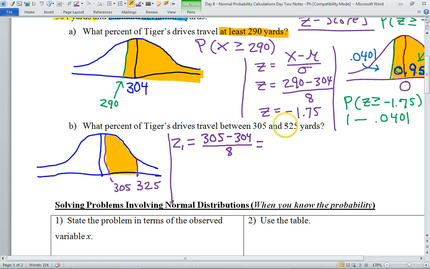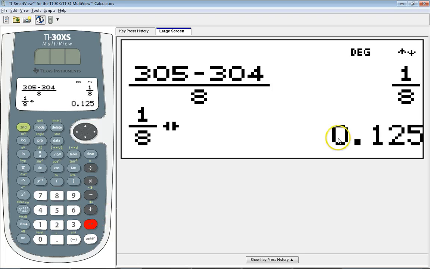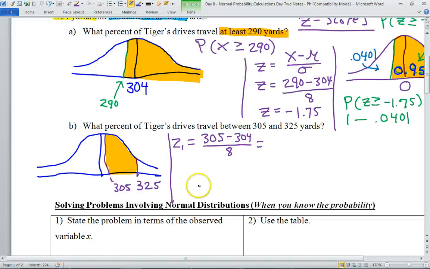Let's put that in your calculator and tell me what the z-score is. I get 1/8. That's 0.125. So my first z-score is 0.125.